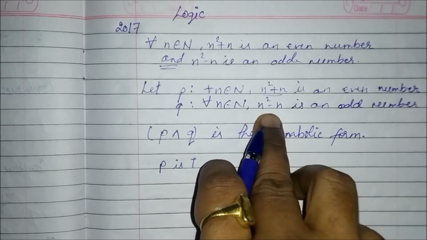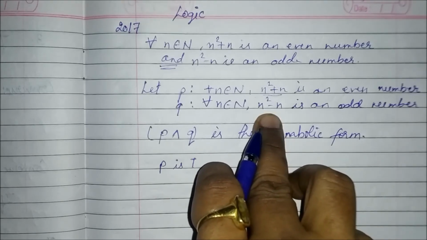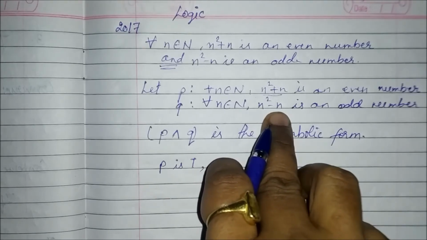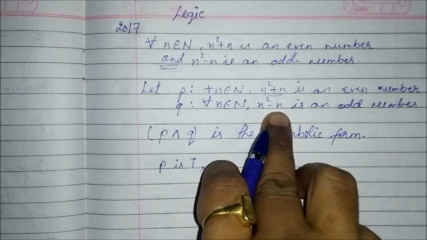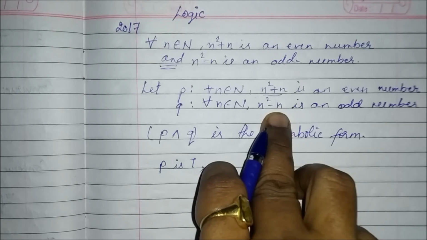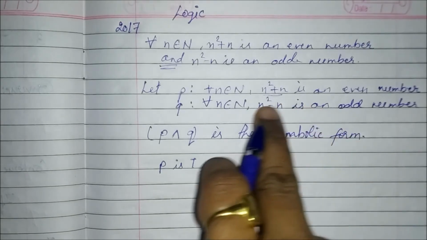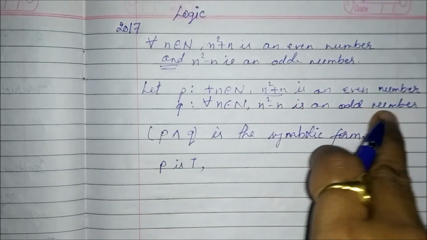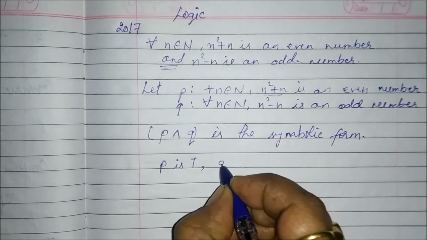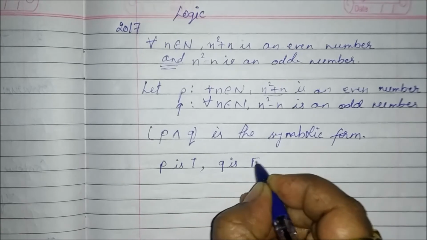Check for 3. 3 square, 9, 9 minus 3, 6. 6 is even. Now check for 5. 5 square, 25, 25 minus 5, it comes 20. 20 is also even, not odd. So this condition is false. So we write Q is false.